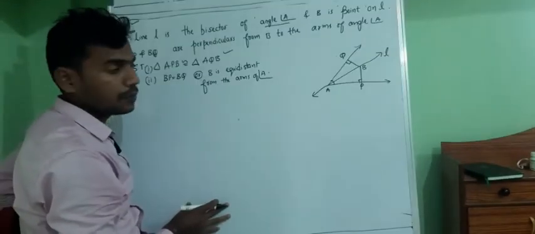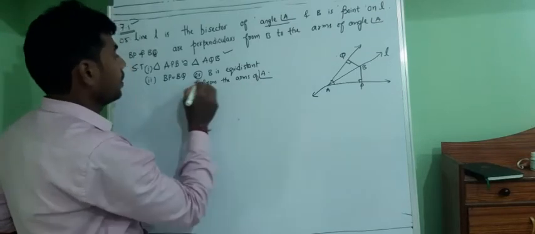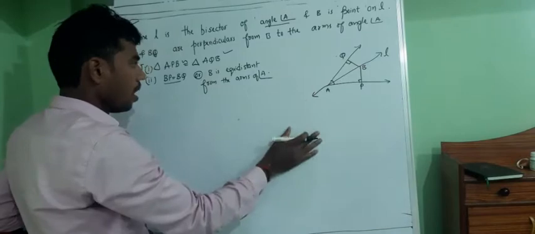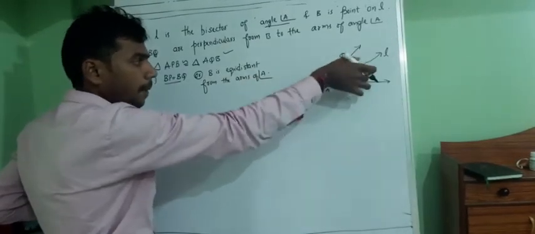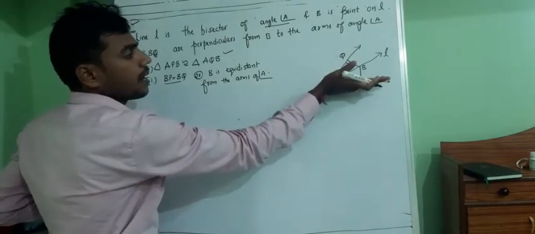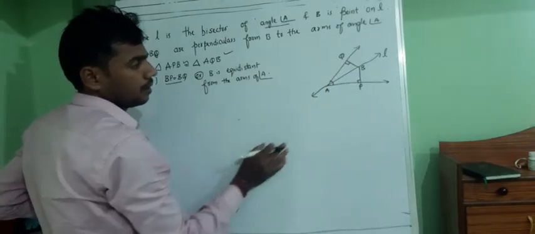So what has been asked us to prove is, we need to prove these two triangles are congruent, and one more thing we need to prove is BP is equal to BQ, or B is equidistant from both the arms of angle A. The arms of angle A are AP and AQ.